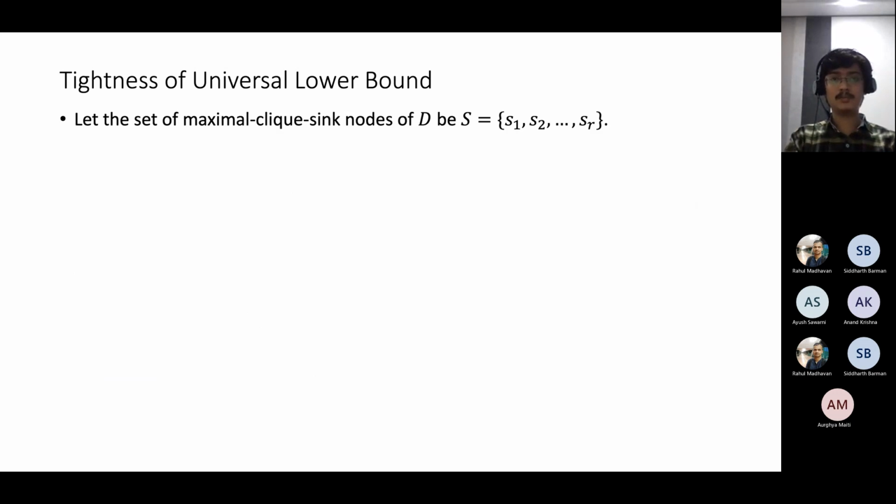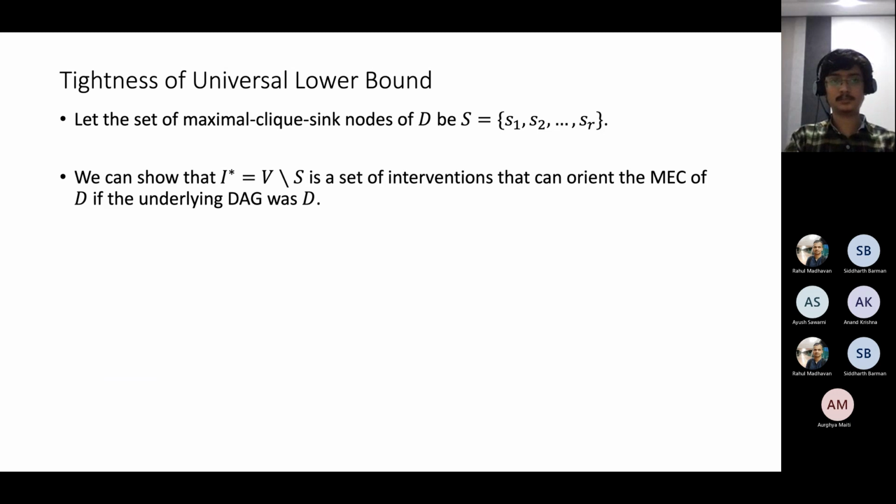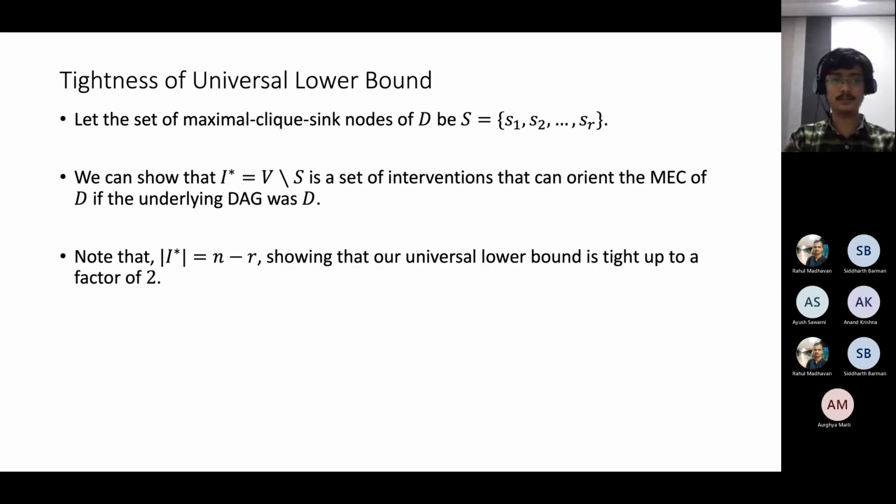Now the upper bound, which is simple. We show that V minus S, where S is the set of sink nodes, is an intervention set that can orient the MEC of D if the true DAG was D. Clearly the size of I star, V minus S, is N minus R. This means that the lower bound is tight up to a factor of 2.